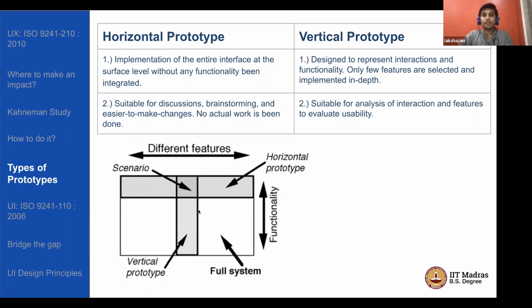A few quality assurers test that particular vertical prototype and let us know whether it matches the quality of what we have thought of or not. Is there some usability constraint that that particular scenario is showcasing or demonstrating? So that is all about horizontal and vertical prototypes.